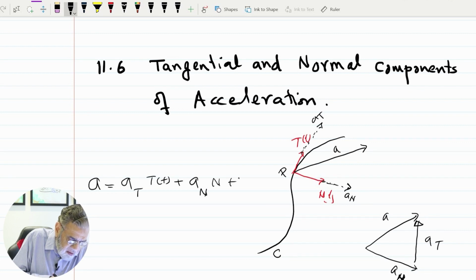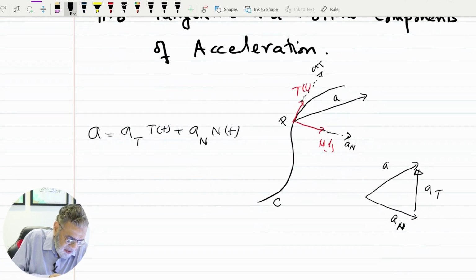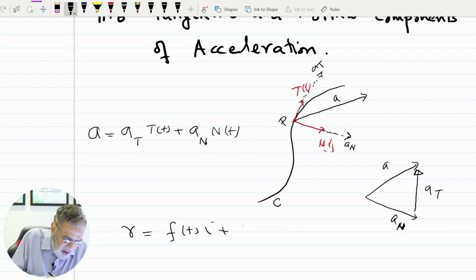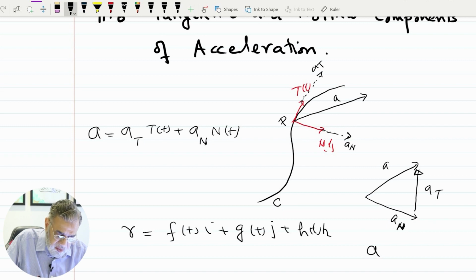We have the vector valued function r(t) equal to f(t) i, g(t) j and h(t) k, describing the curve. A squared is equal to, this is our right angle triangle, a_T squared plus a_N squared.